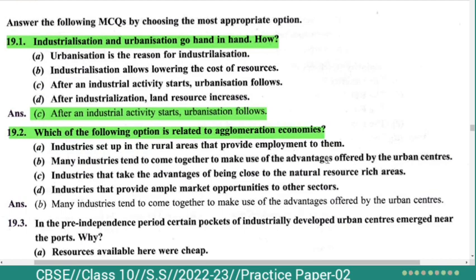D. Industries that provide ample market opportunities to other sectors. Here the correct answer is option B. That is, many industries tend to come together to make use of the advantages offered by the urban centers.